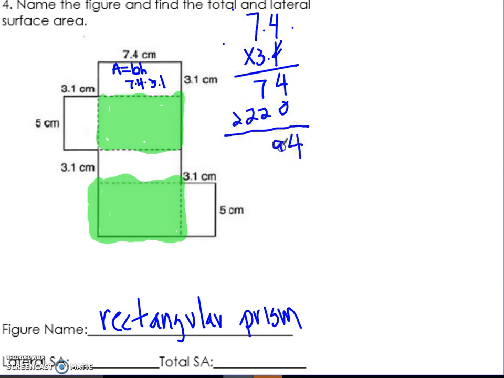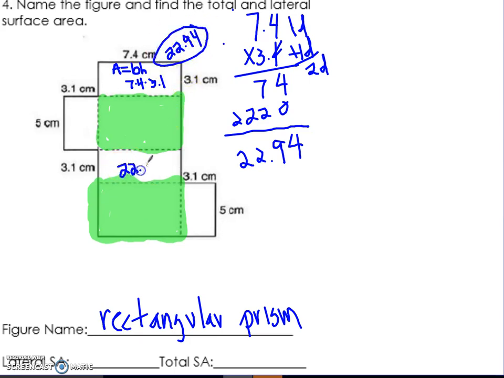Added up, we got 4, 9, 2, and 2. So we have 1D plus 1D is 2D. So this is 22 and 94 hundredths. That means this is 22 and 94 hundredths also.